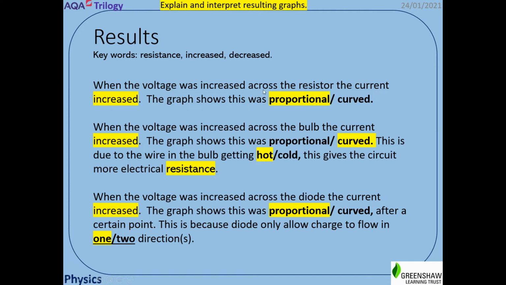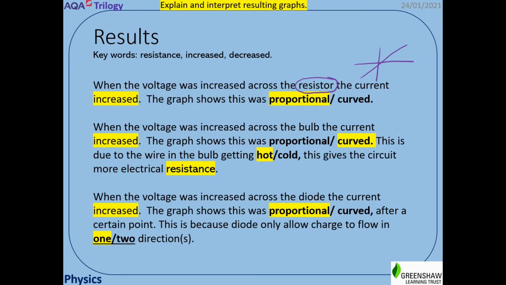So, when the voltage was increased across the resistor, the current increased. Yep, so it tells us that we're talking about the resistor. So this is the graph where we've got this straight line. It does go through the origin.